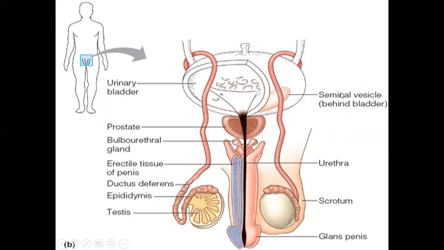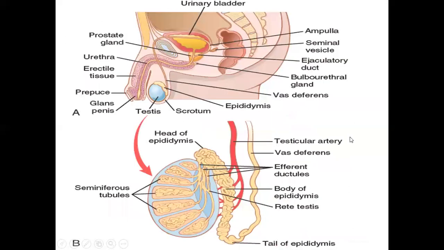Your seminal vesicles are found behind the bladder, and the fluid goes into the prostatic urethra where it mixes with prostatic fluid. From there it goes into the membranous urethra where it mixes with the fluid secreted by the bulbourethral glands, and then goes into the spongy urethra, eventually going out. So this is another diagram showing you the different structures.